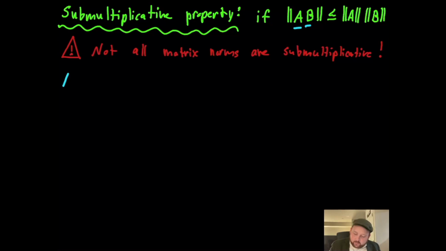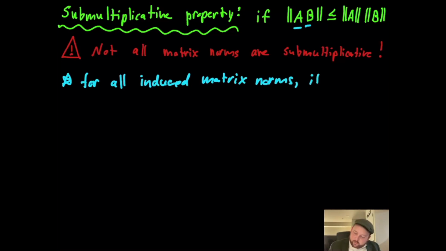But the cool fact, which comes from the earlier property that the norm of Ax is less than or equal to the norm of A times the norm of x for an induced norm, is that for all induced matrix norms this is true. We say that all induced matrix norms are submultiplicative.